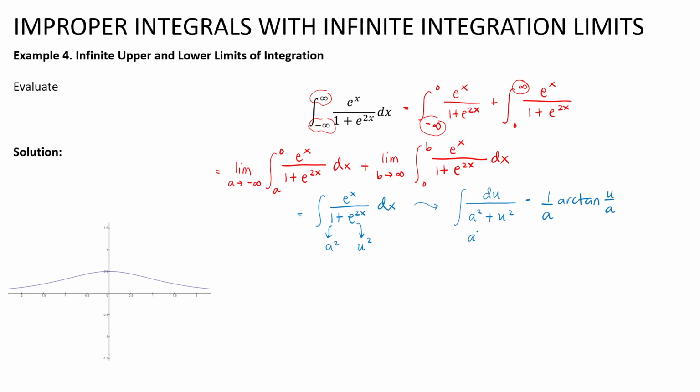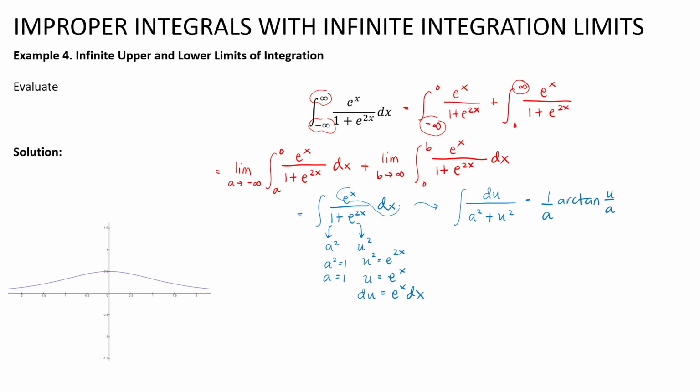So a squared is equal to 1, so a is 1, getting the square root. u squared is equal to e raised to 2x, so u is equal to e raised to x. Then getting the derivative, du is e to the power of x dx.